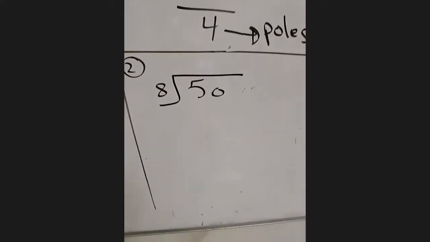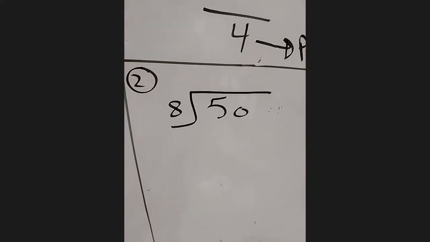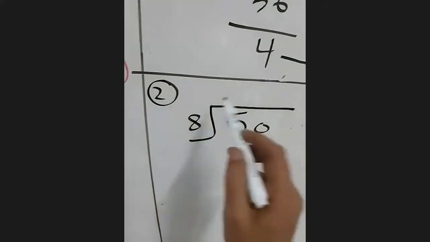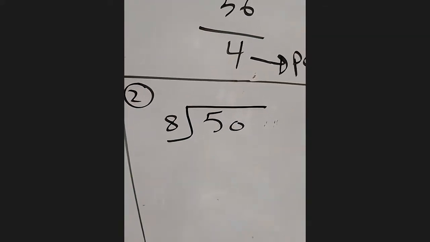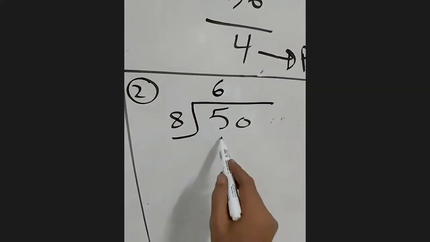Come on, divide, Mister. 5 divided by 8 we can't, so we take 50. 50 divided by 8, 6. 6 by 8, 48.